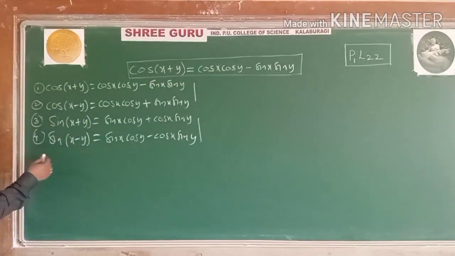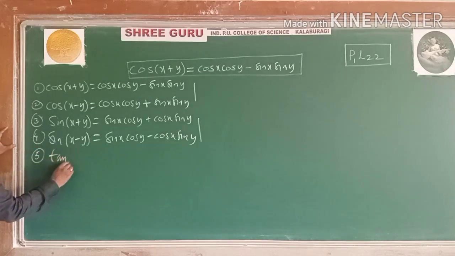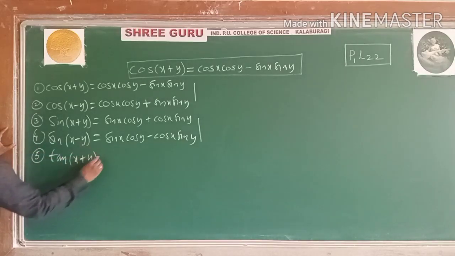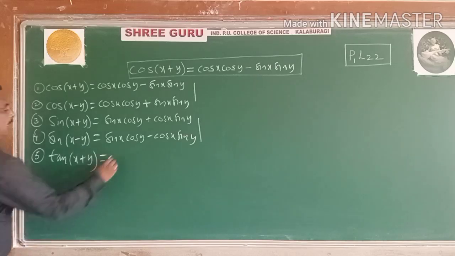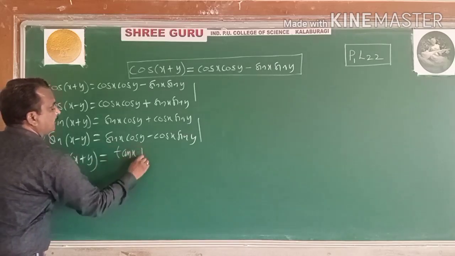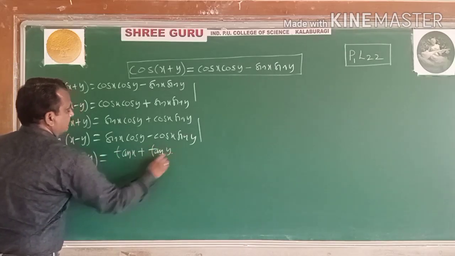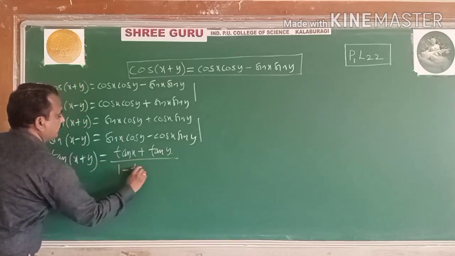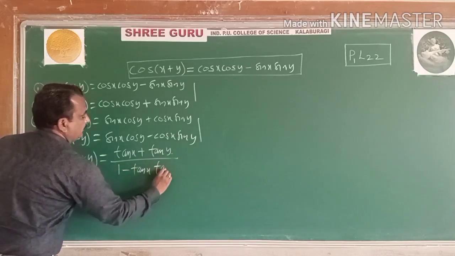Now next, we have proved sum and difference of tan in terms of tan. Tan of x plus y equals tan x plus tan y divided by 1 minus tan x into tan y.